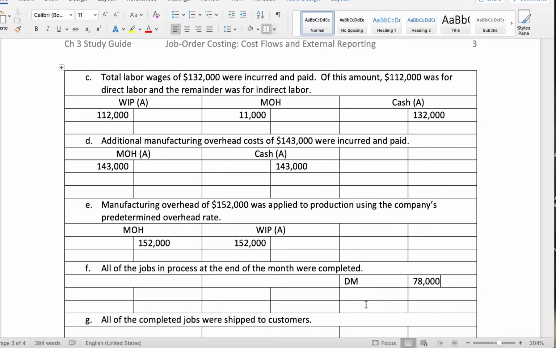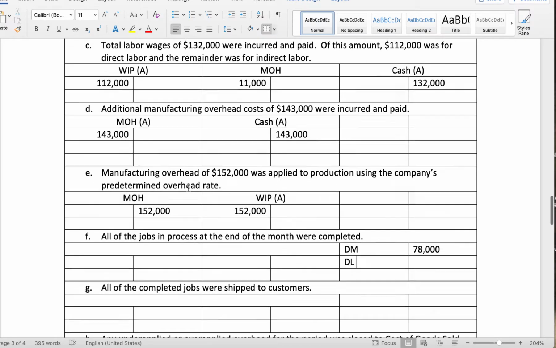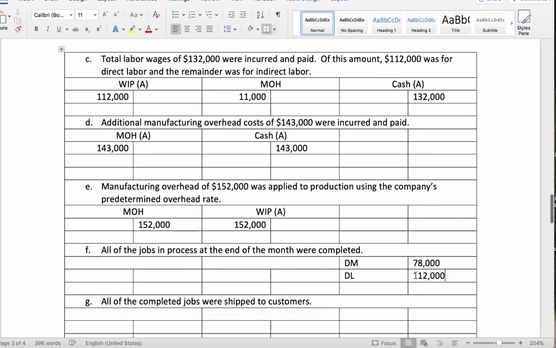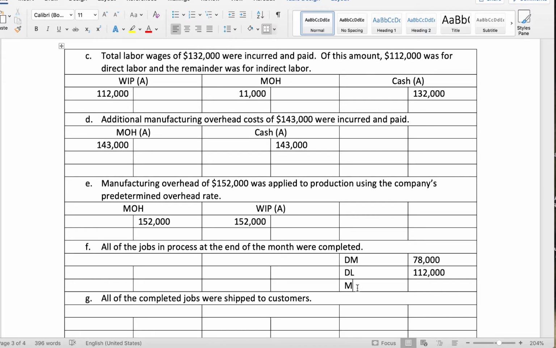Direct labor that was applied to the WIP account is from Part C, and that's $112,000. And the MOH, which was applied to WIP, is $152,000. So if I add all these up, that's $342,000 of cost.